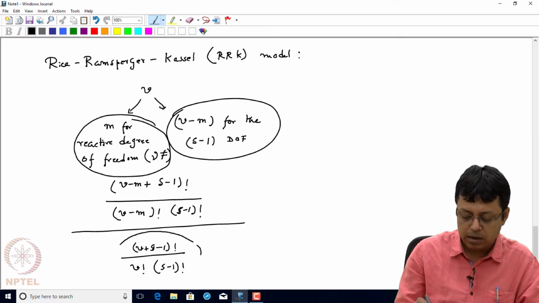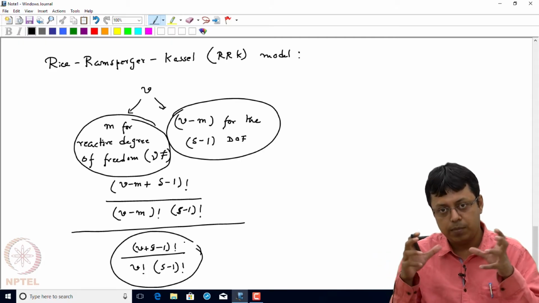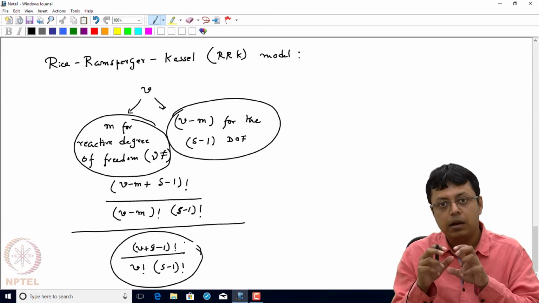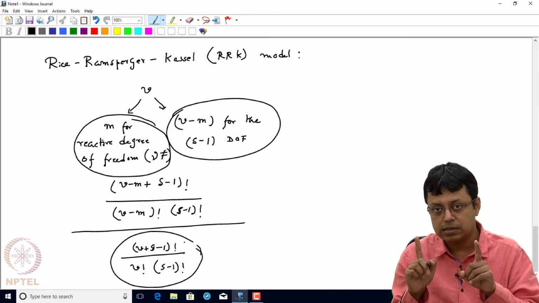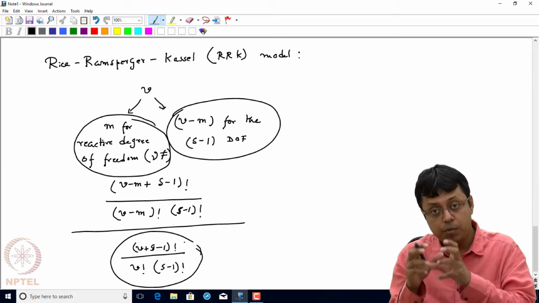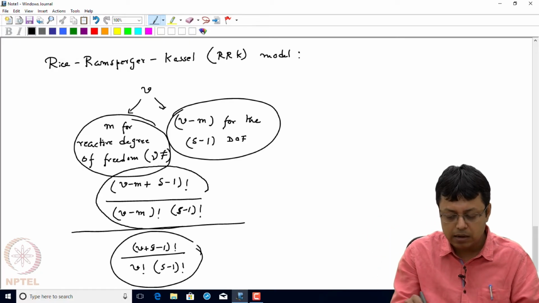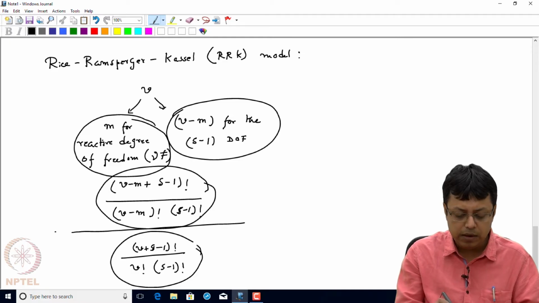This denominator takes into account all different ways that you can put this V quanta in S degrees of freedom, but in all of these cases you will not have reaction. Only in those cases you have reaction where out of this V quanta only m quanta goes into a particular mode, and that is the number. So the ratio of the number to the total number will give you the probability for this particular process.